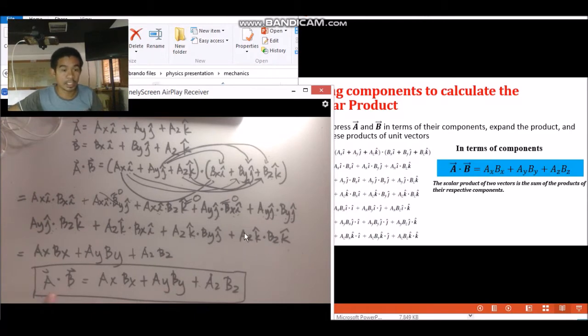Okay, so this is the dot product of two vectors, AX BX plus AY BY plus AZ BZ. So this is a scalar.